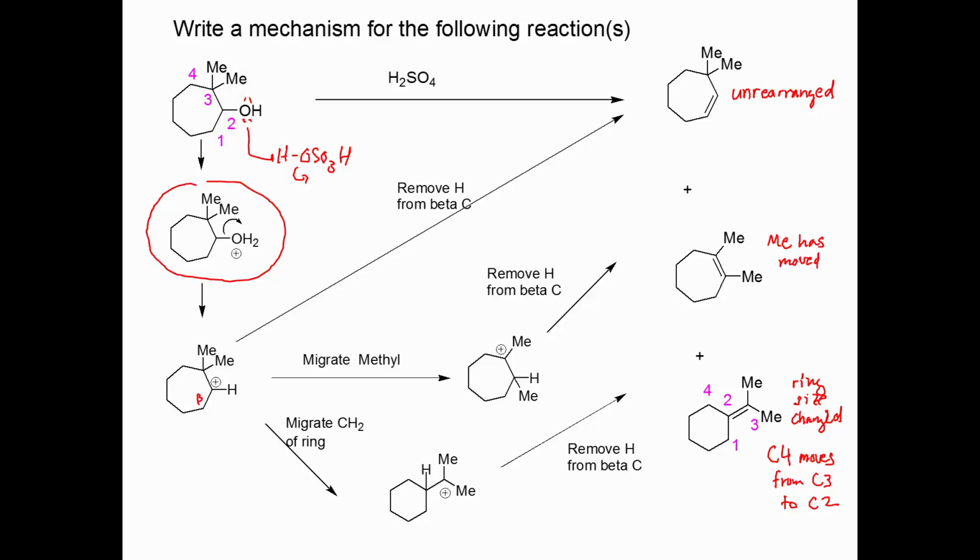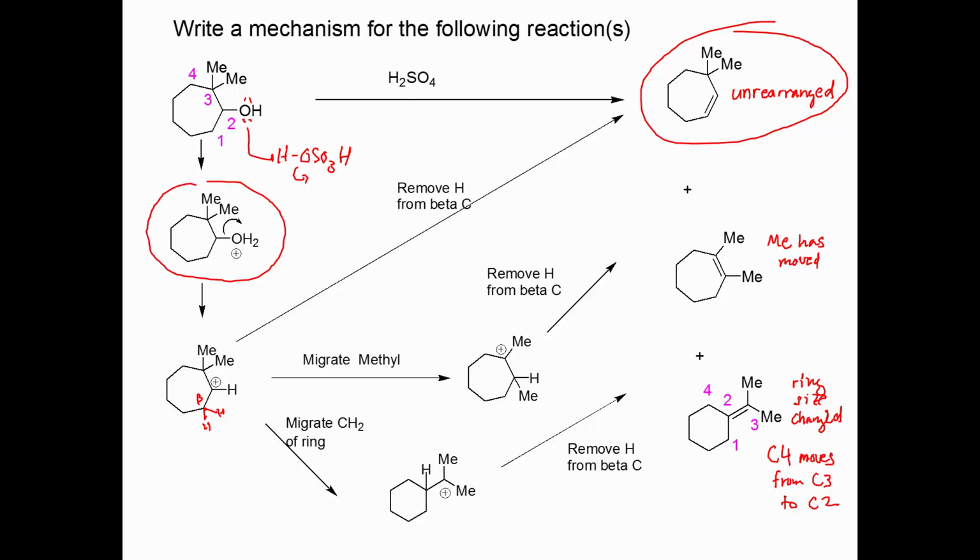Okay, so we're going to just remove a hydrogen from this beta carbon right here. And this is going to produce our unrearranged product. This is kind of an uncomplicated dehydration process going from that reactant to that product. Okay? All right, one thing we can do is migrate a methyl group.